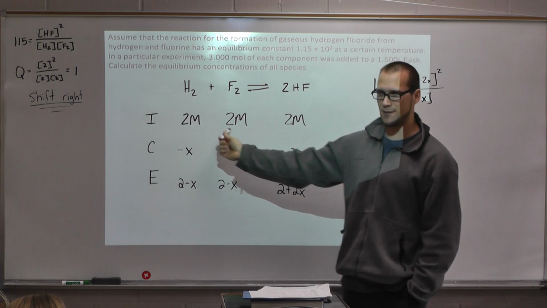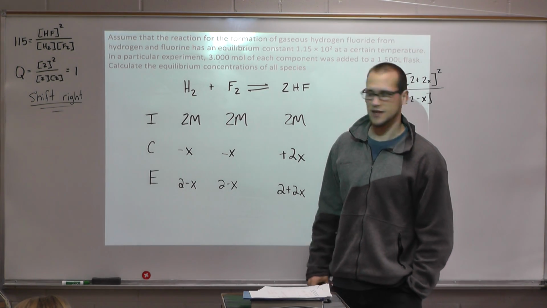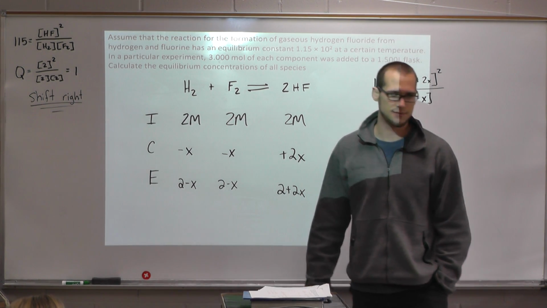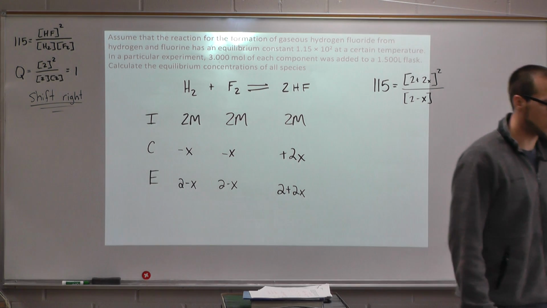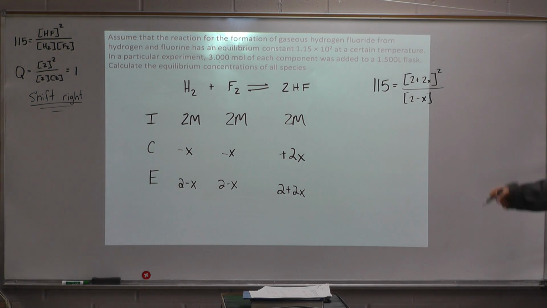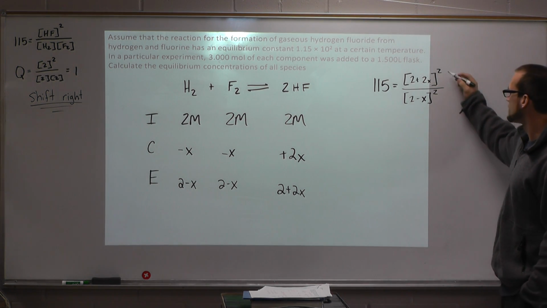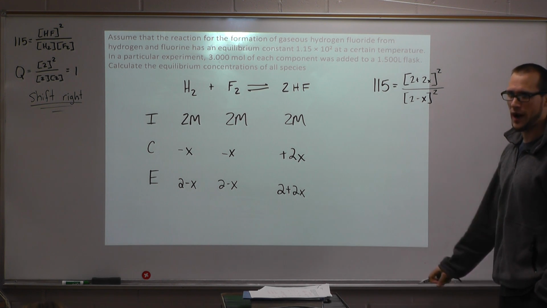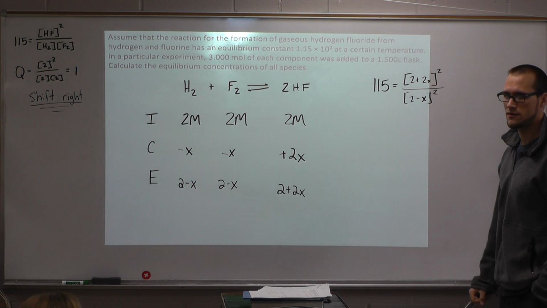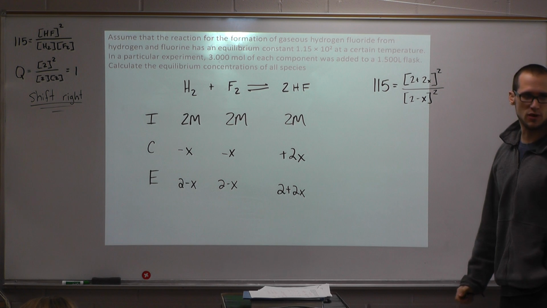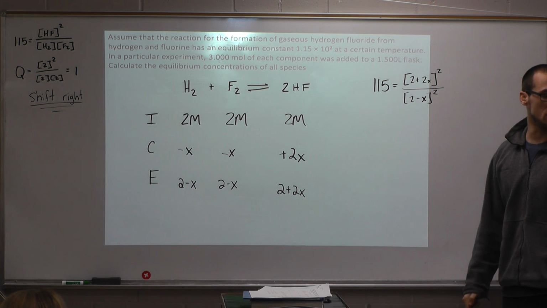Because I started with the same initial concentration, it ends up being 2 minus x times 2 minus x, which would be 2 minus x squared. If these were both not squared, guys, you would probably have to use the quadratic equation. But since they're both squared, you can take the square root and get rid of the square.